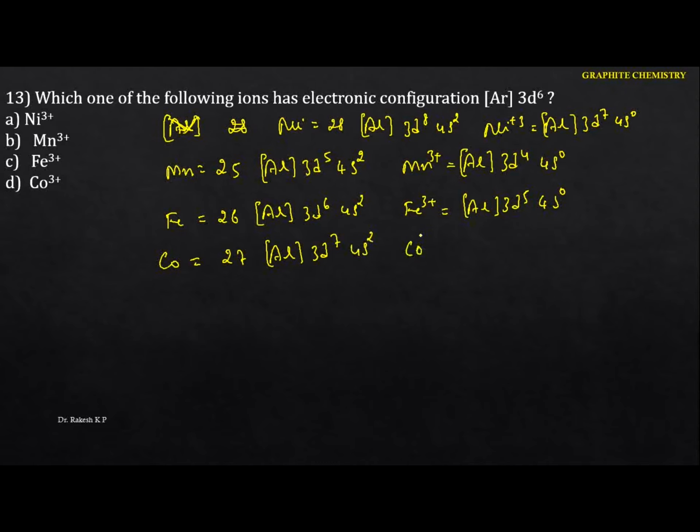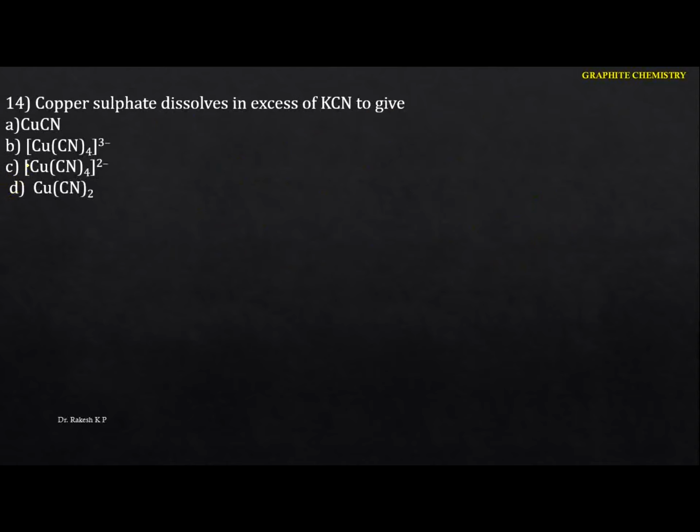If you remove the 3 electrons, you get argon 3d6 4s0. Now what you have to identify is argon 3d6, and the option is D.